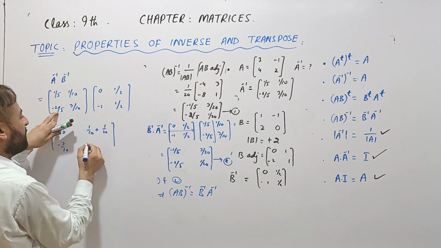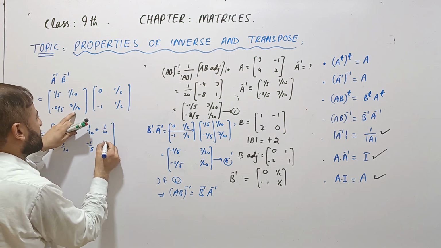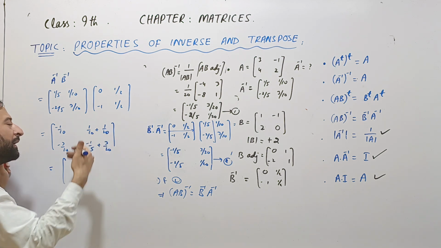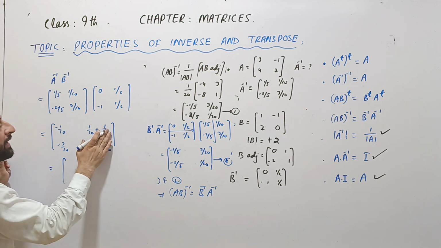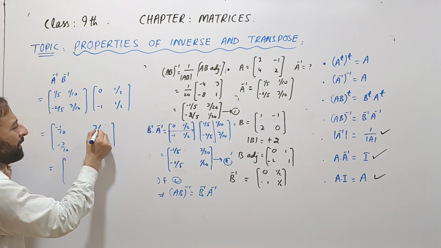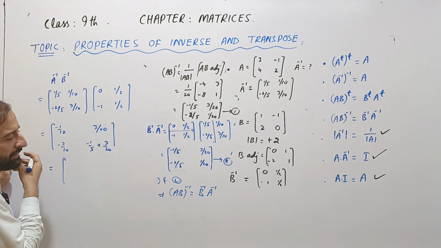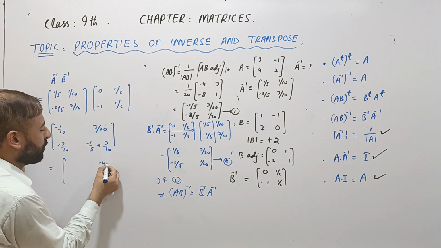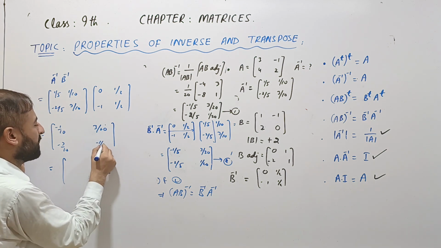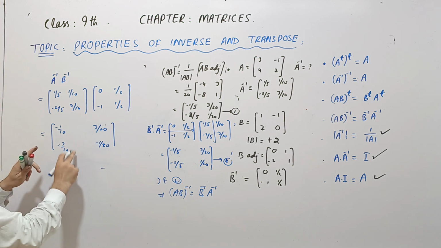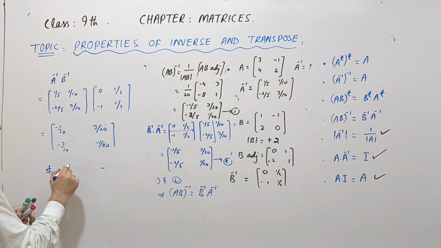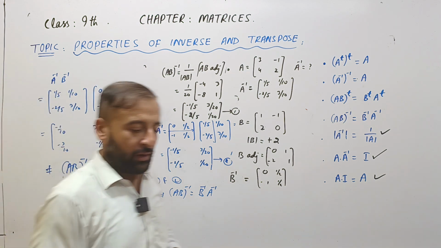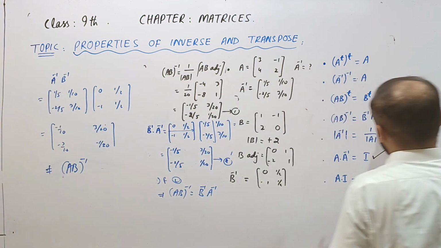Students, multiply them, -1/5 plus 3 divided by 20, you end up with this result. 20 LCM, 3 by 20, -4 plus 3, -1 by 20. It is not equal to AB whole inverse. I hope it is clear to you. This was this property. I think it is clear now.